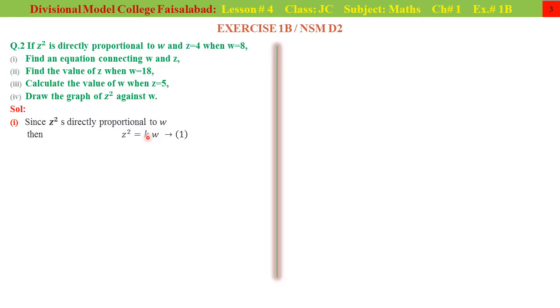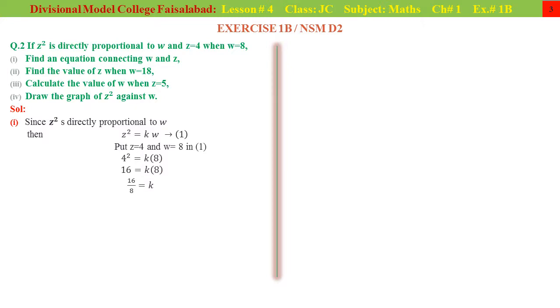Now to find an equation connecting w and z, we need to find the value of k. To find the value of k, we will put the values of z and w which are given in the first statement into this equation. The value of z is 4, so we get the square of 4 equals k times 8, and 4 square is equal to 16.